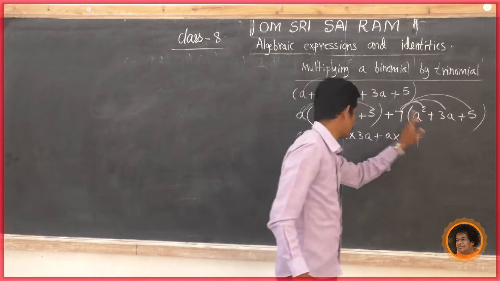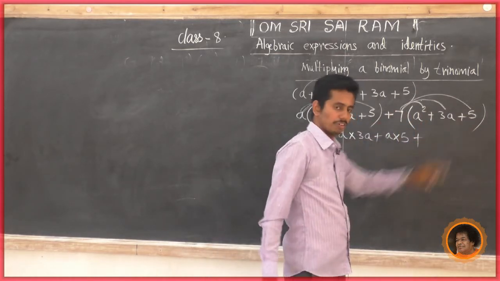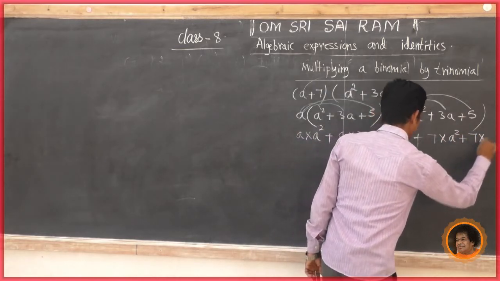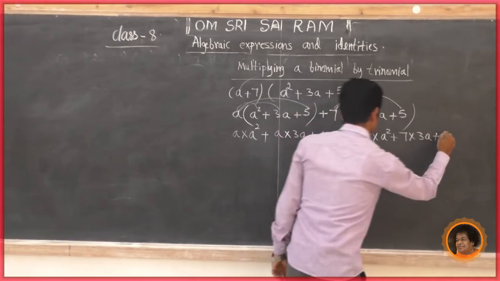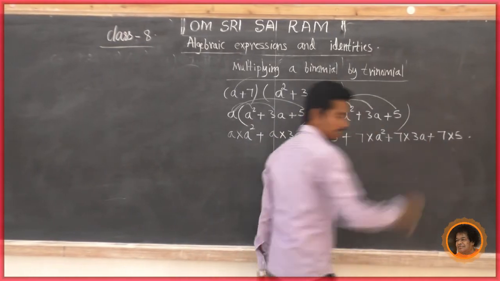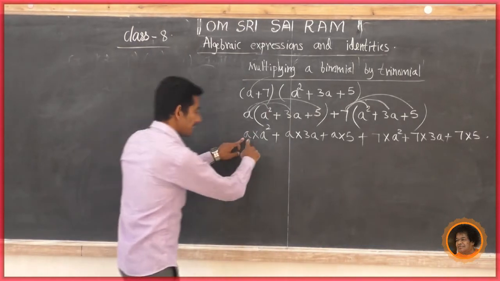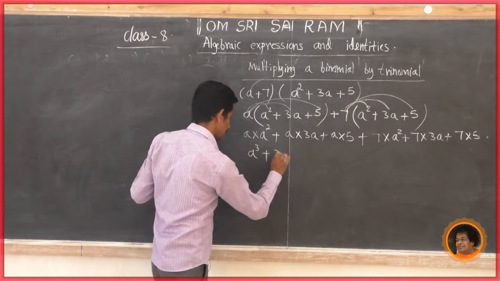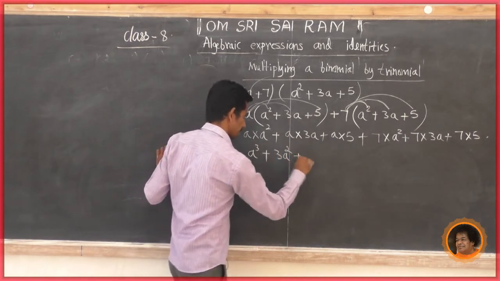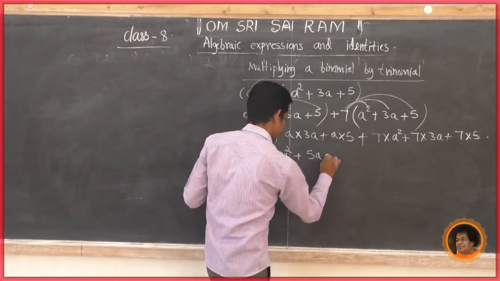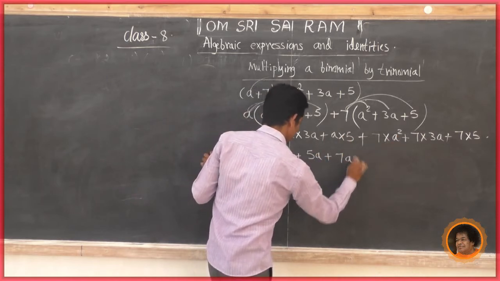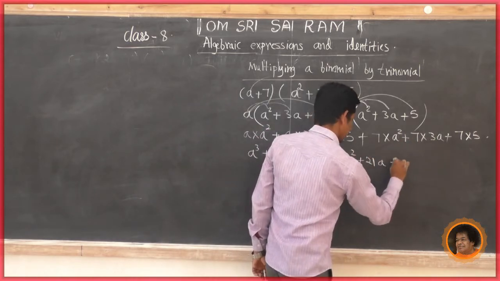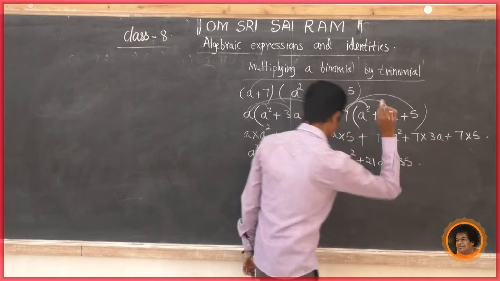So 7 into a squared plus 7 into 3a plus 7 into 5. Now a into a squared is a cube plus a into 3a is 3a squared plus a into 5 is 5a plus 7 into a squared is 7a squared plus 7 into 3 is 21, 21a, 7 into 5 is 35.